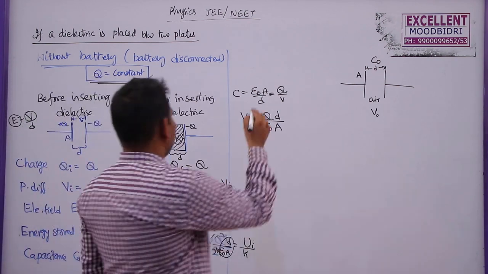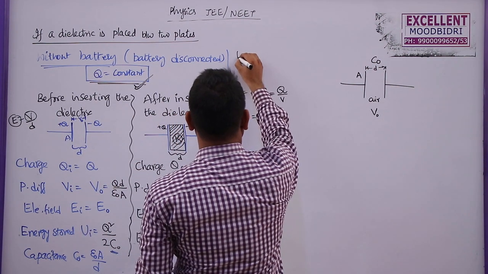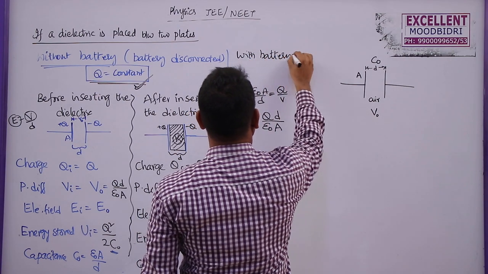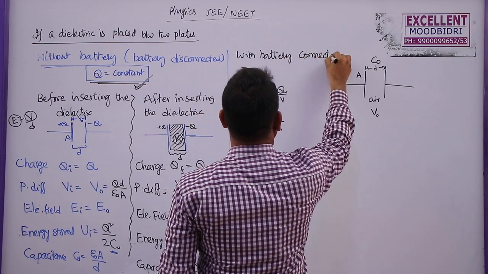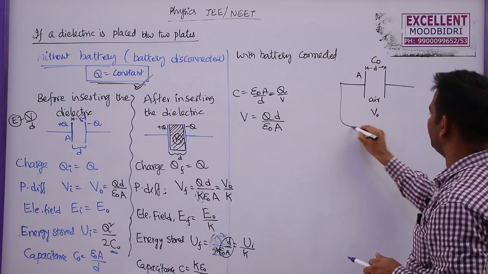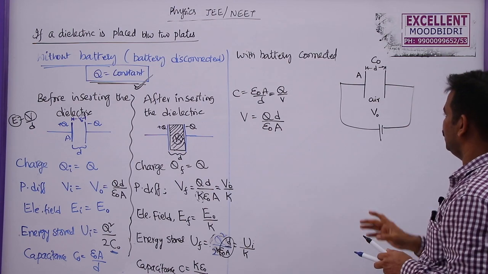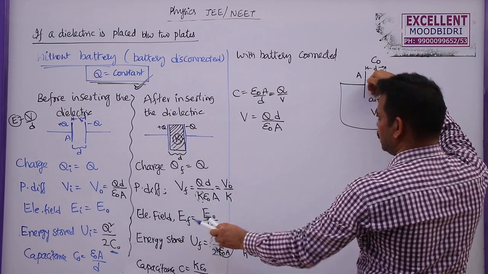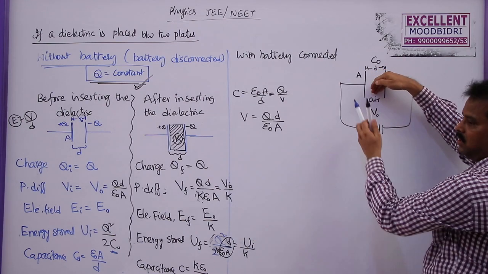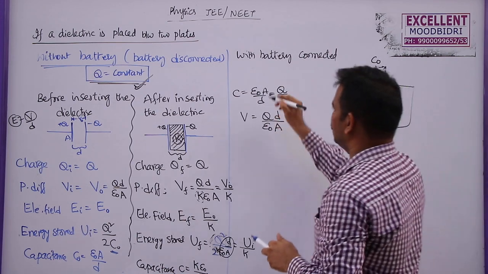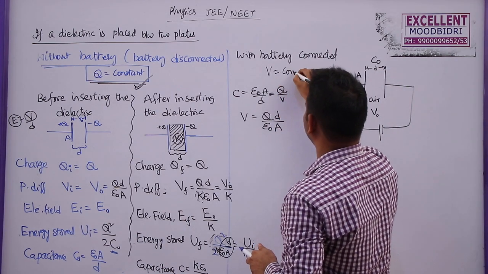Now, if a battery is connected, whenever it is charged to a potential and the battery is connected, what happens by inserting the dielectric? The potential between the plates would decrease, but the battery will provide the same potential. So whenever the battery is connected, the potential is constant.